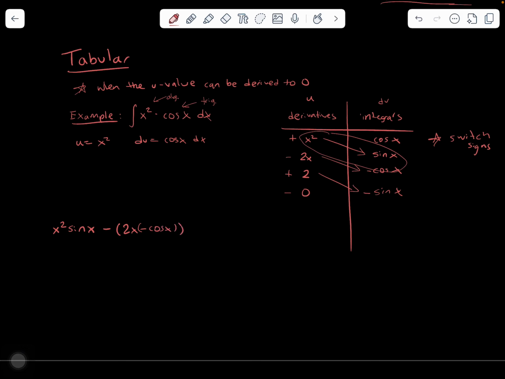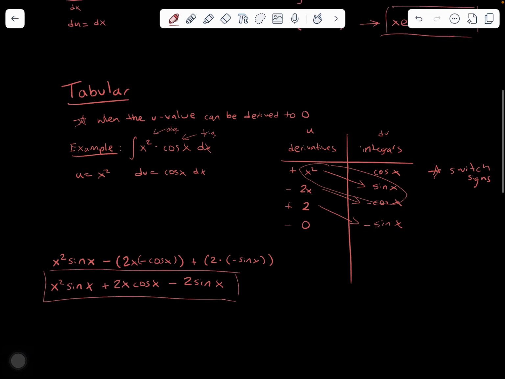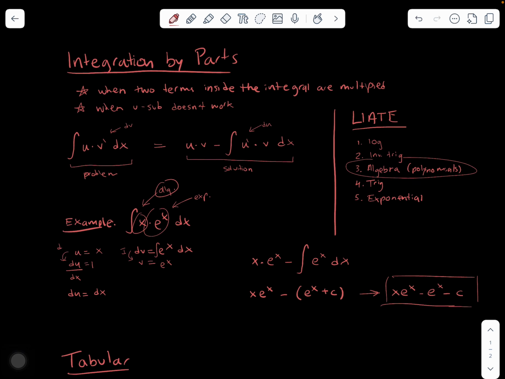Then we'll go to our last term, which is going to be positive, plus 2 times negative sine x. If we simplify all this, we'll get our final answer as this. And tabular is much faster than if we were to do this integration by parts problem using the original formula like this.